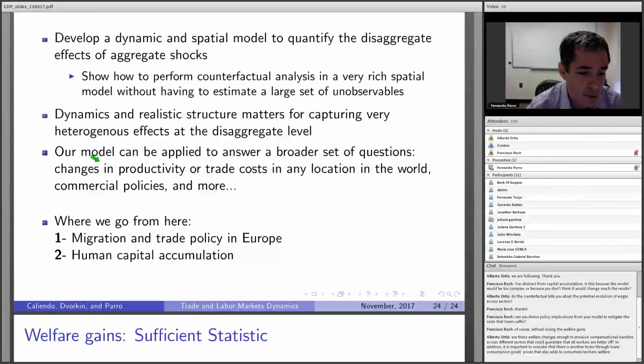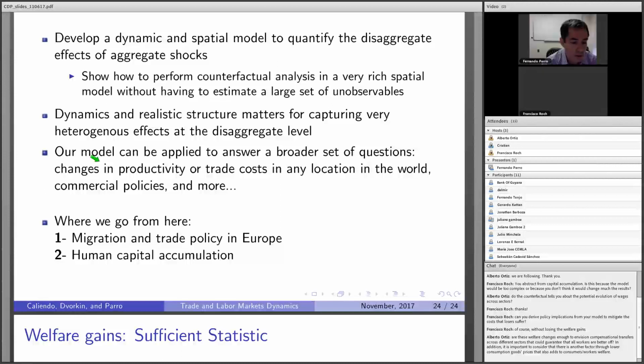As a consequence, there was a change in trade policy and a change in migration policy. In that paper, we studied the effect of changes in migration policy. We believe this is a super important question, and the machinery that we have developed in this paper is very well suited to answer those types of questions.